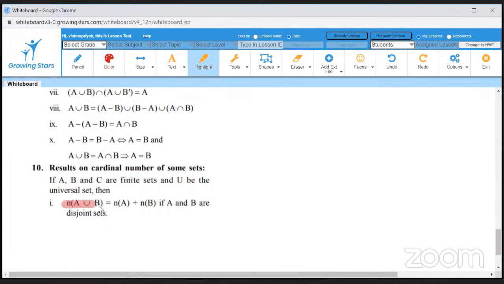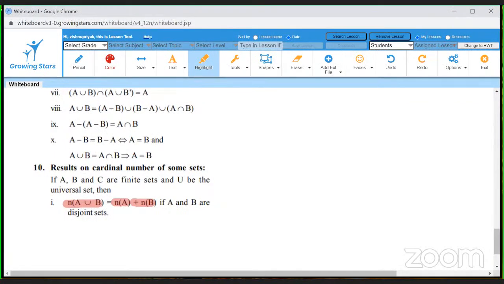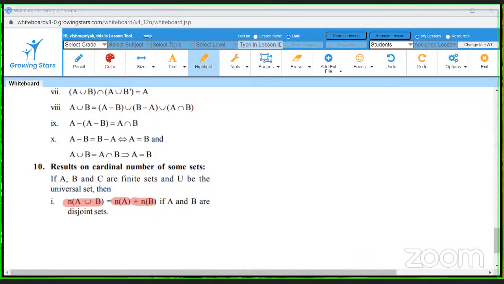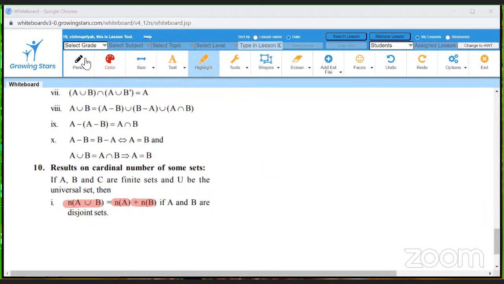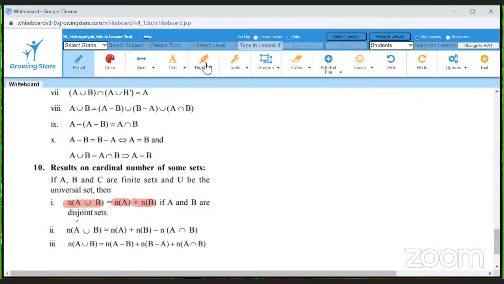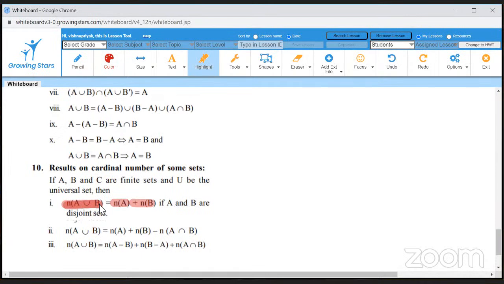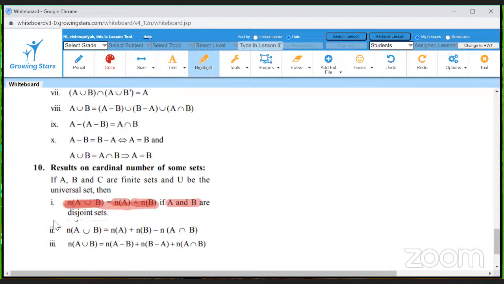The number of elements in A union B is the number of elements in A plus the number of elements in B. But if A and B are disjoint, nothing common in them, then you can take this formula. Otherwise, there is another formula.